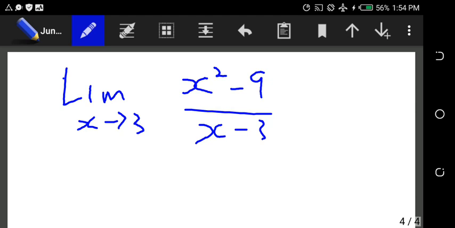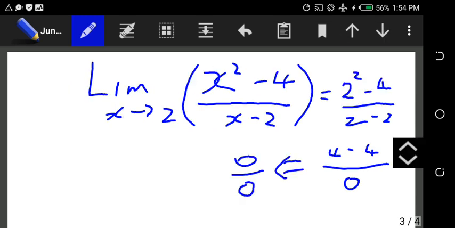Now looking at the denominator, when you make the substitution of x to be 3, that will give you 3 minus 3, which will give you 0 in the denominator. And when you have a 0 in the denominator, it means that the solution is not simple. So you might have to do some manipulations, and that is what I want to look at in the next few examples: how we can combat problems like this, and the one that we have here.